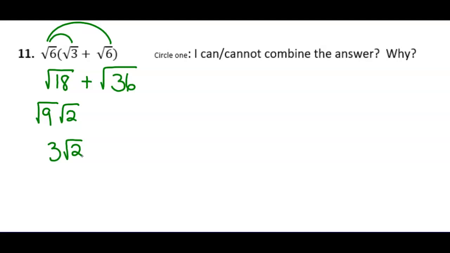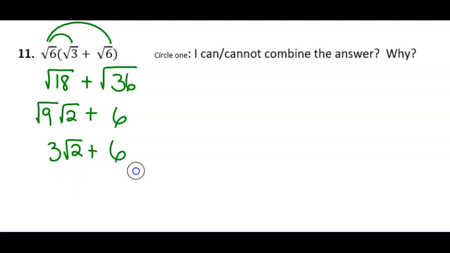Okay, now let's do the square root of 36. Is that simplified? Can I simplify it easily? I sure can. That's one of my perfect squares. Plus 6. Now, can I add these together? Are they like terms? They're not. This is like a 3x, where my x is equal to the square root of 2.